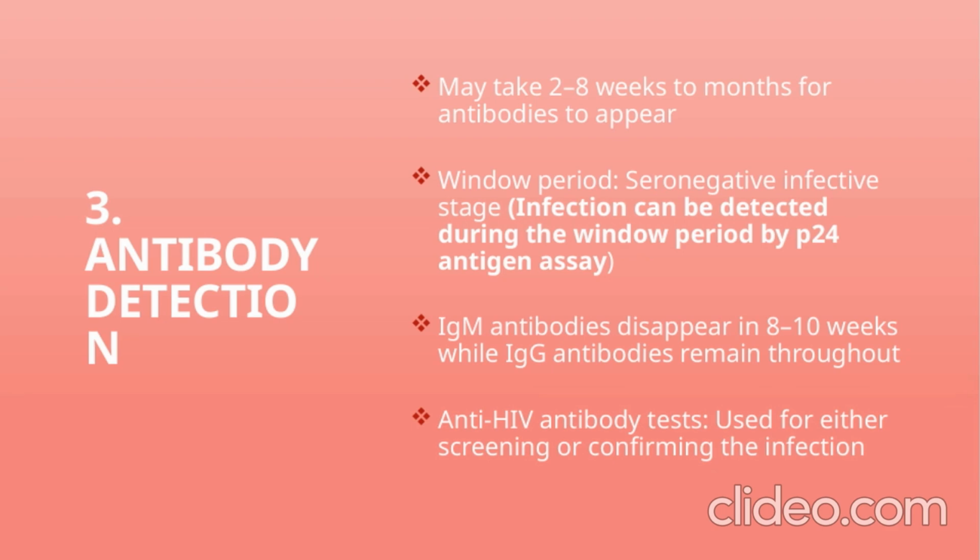Speaking of tests, anti-HIV antibody tests are used both for screening individuals and for confirming a diagnosis if there's suspicion of infection. So, understanding the timing of antibody appearance and the types of antibodies involved is crucial for accurate testing and diagnosis. This all ties back to the overall theme of how we detect and monitor HIV infection effectively.